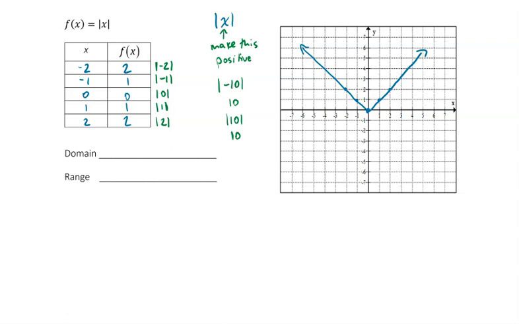This is the graph of absolute value. All right, so it looks like a V. For domain, again, left and right forever, -infinity to infinity. For the range, the bottom is 0, but the top can go on forever, so infinity.